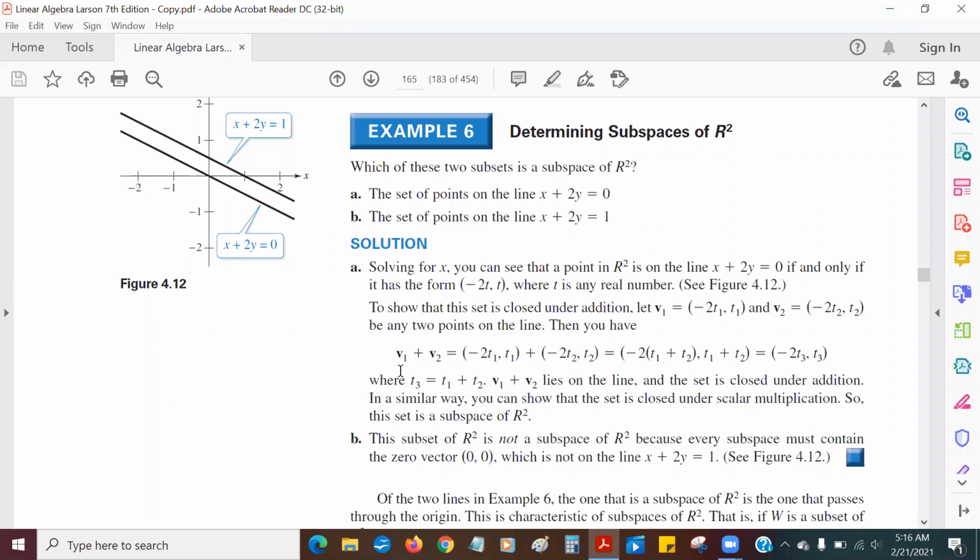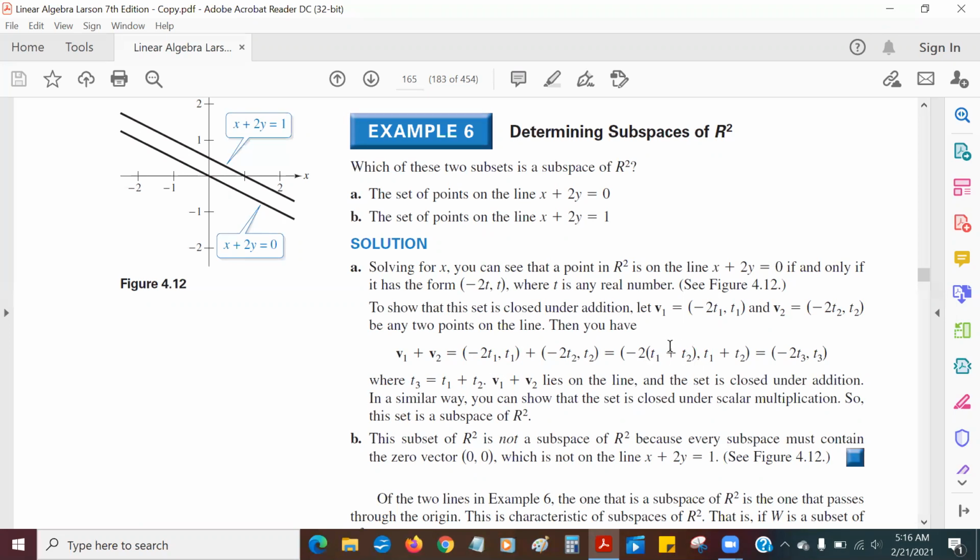Let's see what happens when I add these two vectors. I want to show that if I add vector 1 plus vector 2, it's going to stay on that line. Let's check it out. Vector 1 is (-2t1, t1). Vector 2 is (-2t2, t2). When I add them up, I add the -2t1 and the -2t2, and I just factor out the -2.